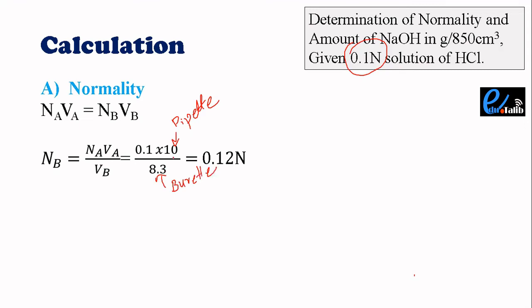So finally, after calculating, the value is 0.12 N, where N is the unit of normality. So this is the normality of NaOH. Whatever has been asked, the determination of the normality and the amount of NaOH, the normality we have calculated, that is 0.12 N.